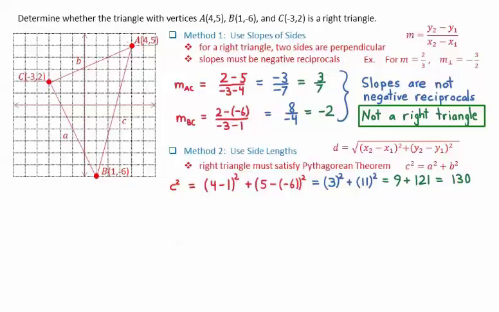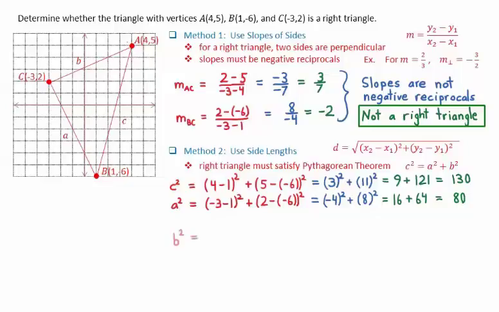For A², again, we square the difference in the x coordinates, and then we add the square of the difference in the y coordinates. This gives (-4)² plus 8², or 16 plus 64. This is equal to 80 for A².